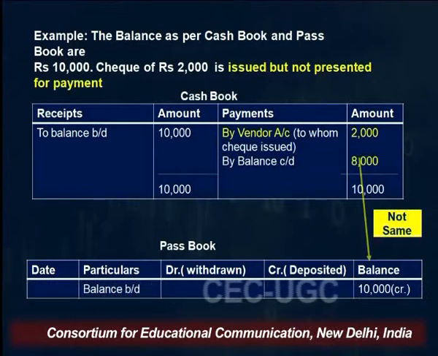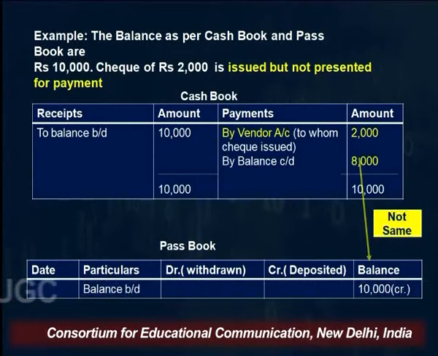We have issued a check to our vendor for the payment, but he has not presented this check into the bank. Earlier, the balances of both the books were the same, that is 10,000.